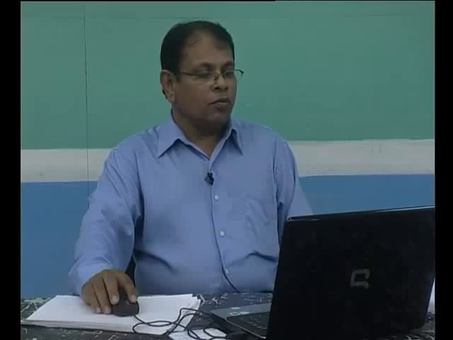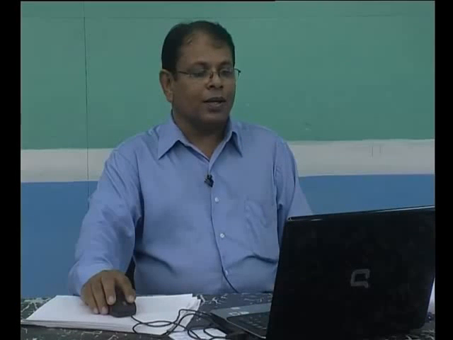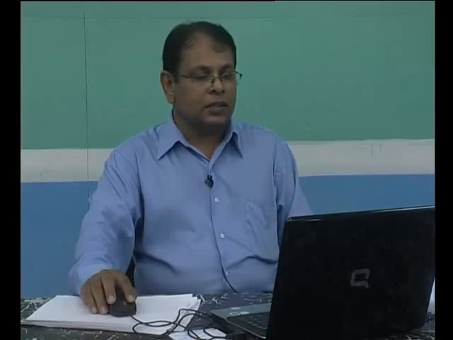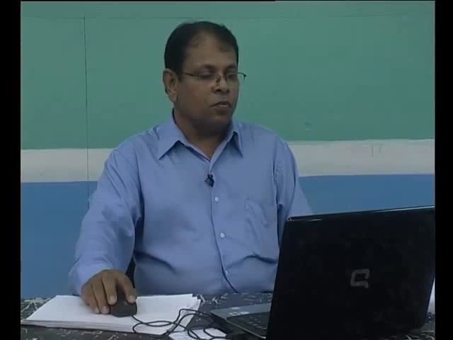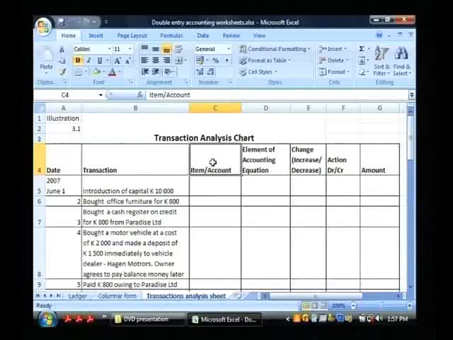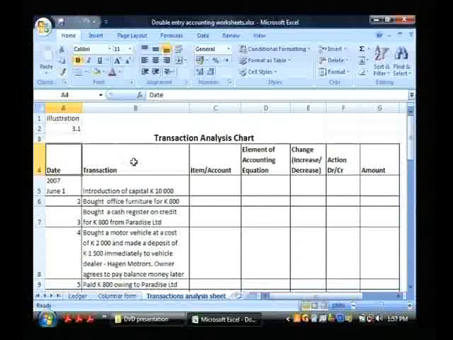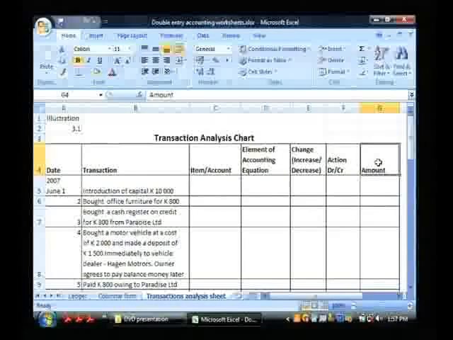Now we will work out the transaction analysis chart. This is the format: date, transaction, item or account, element of accounting equation, change meaning increase or decrease, then action to be taken, meaning debit or credit, then amount involved.